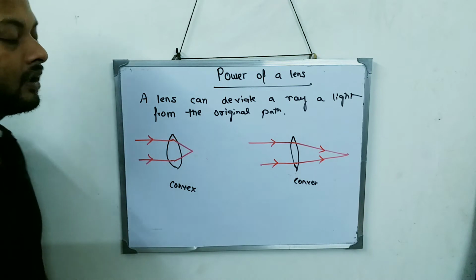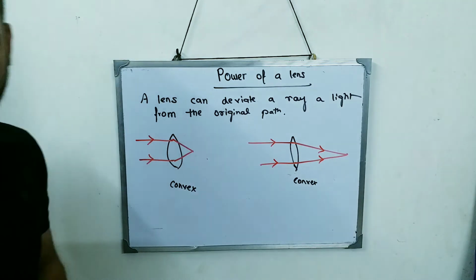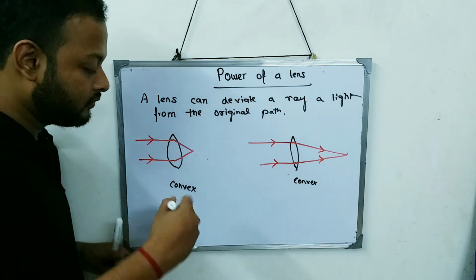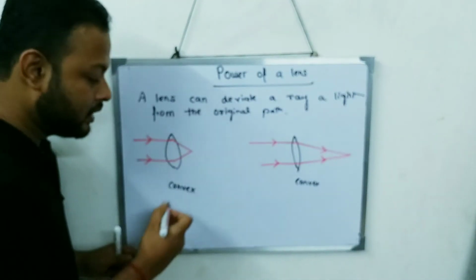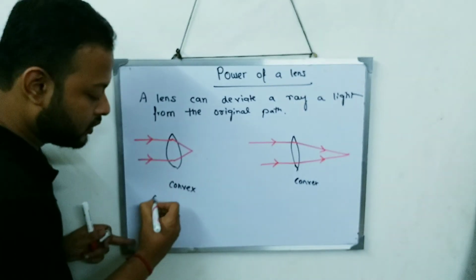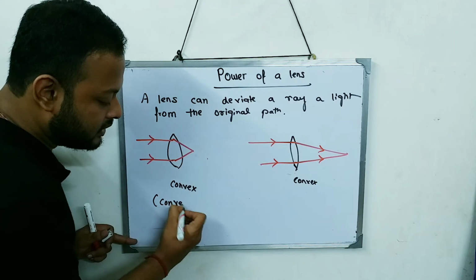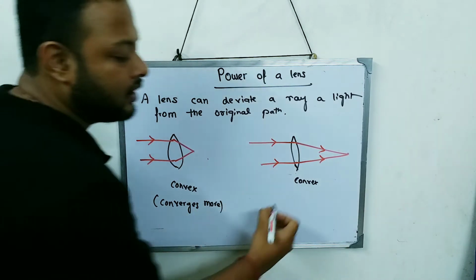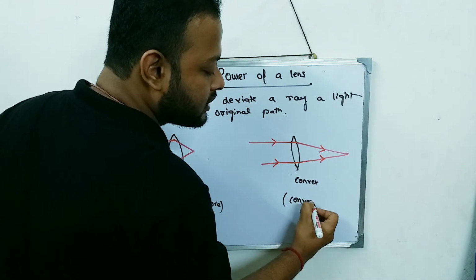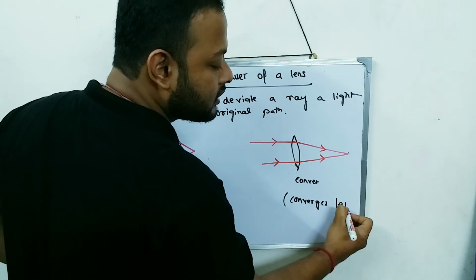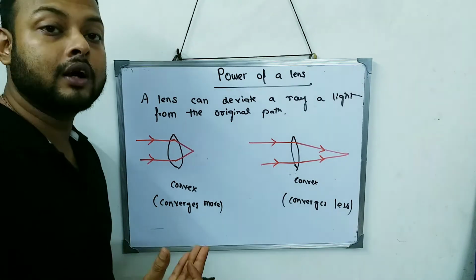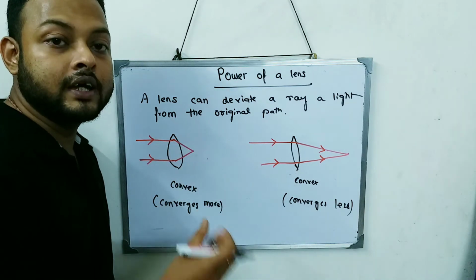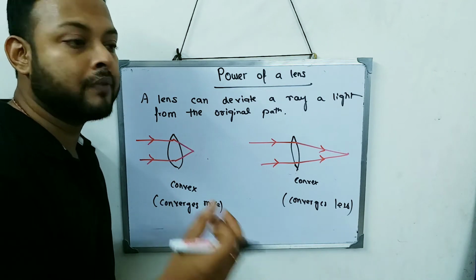Over here it converges more, whereas over here it converges less. So that is why the amount of deviation a lens can produce is expressed in terms of power.